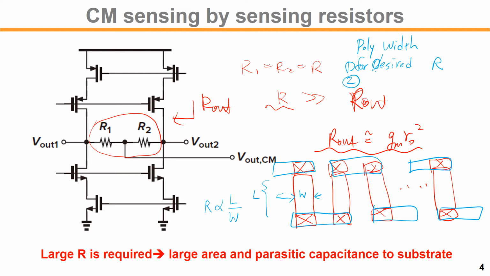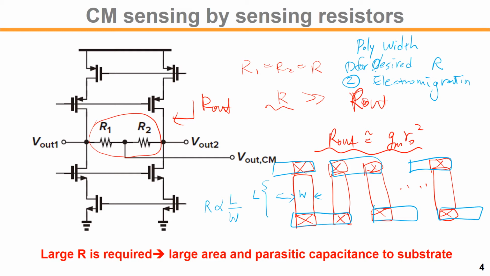The second thing you have to consider is electromigration, meaning the maximum current. If too much current flows through this poly resistor, it will burn out and become disconnected.